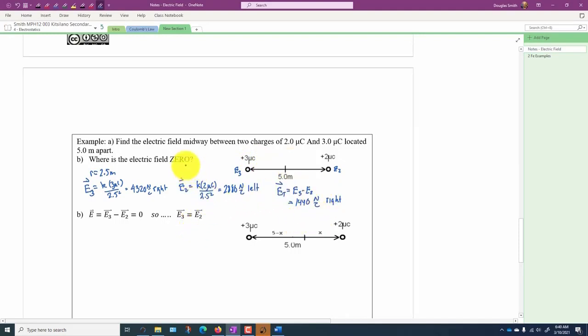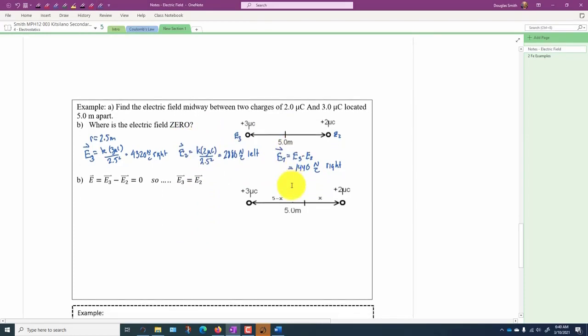Next question is, where's the electric field 0? So this is kind of an interesting question. This is like a Math 11 rational expression type question. Somewhere along this line, the field would be 0. Because the field is equal and opposite from the two charges, at some point they cancel each other out.